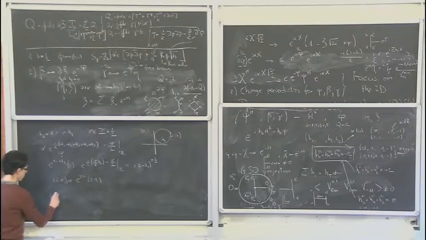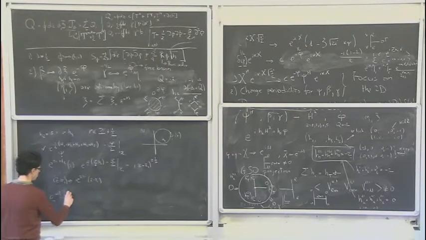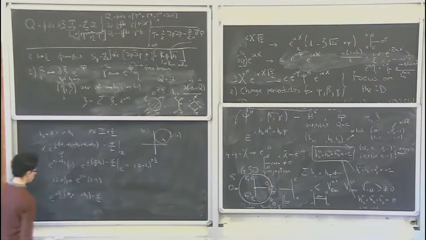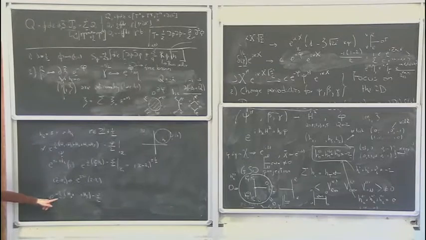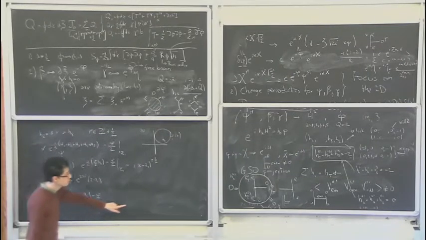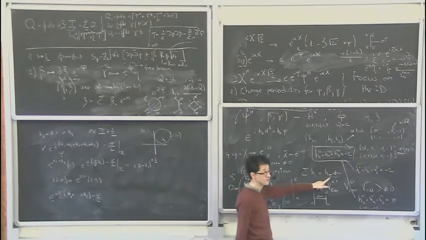But this one would be killed because it's 6 times minus 1/2, which is minus 3. So this does not satisfy this, it's odd.